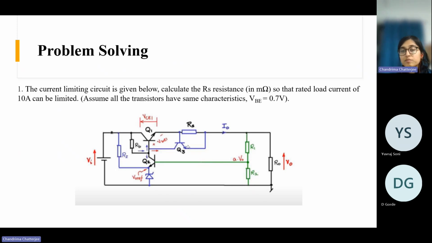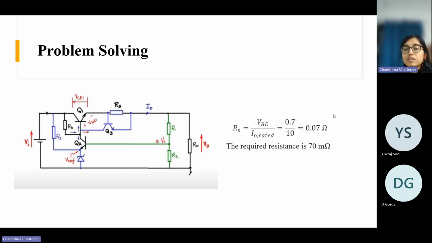Okay, the VBE drop, so that it can turn on and it can draw some current from here. Then only the base drive to this device will be very small and it will almost go to cutoff region, right? That's why the drop across this RS resistance should be at least equal to 0.7 volt. Okay, so the calculation is very simple.